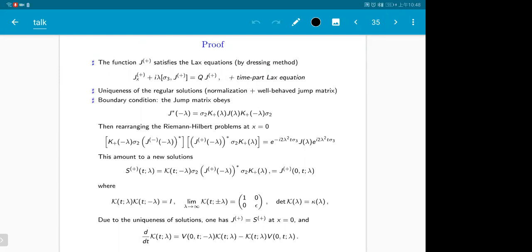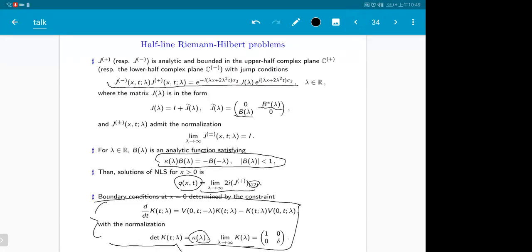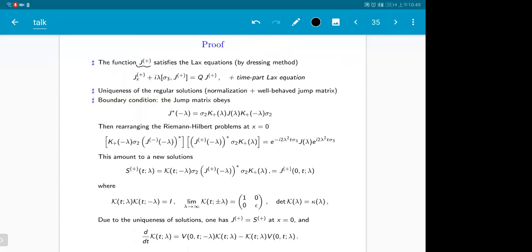First, by a certain dressing method, we can easily show that this G plus satisfies the Lax pair of the NLS equation, and the uniqueness of the Riemann-Hilbert problem can be obtained by the normalization property and the well-behavedness of the jump matrix. And the boundary condition can be shown in this way.